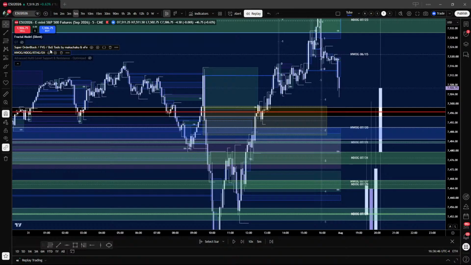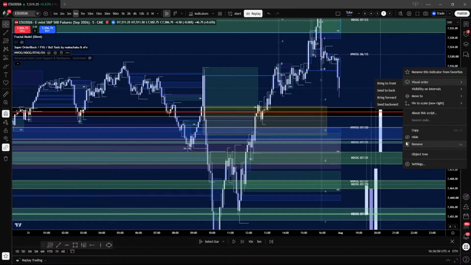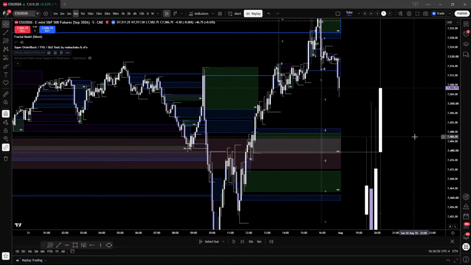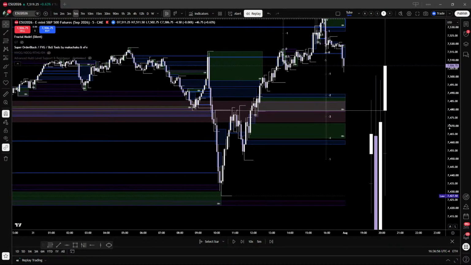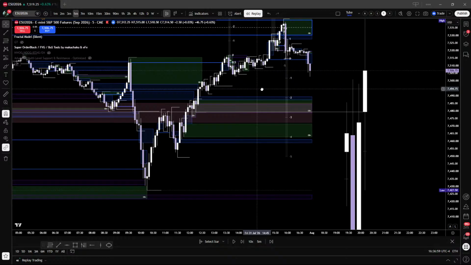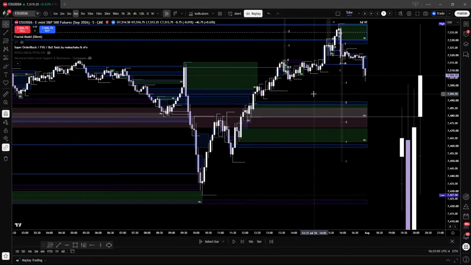Sometimes you will just not see every single fair value gap. You simply overlook it. So this one helps a lot. I don't know if I have the settings on this one posted on the Discord.